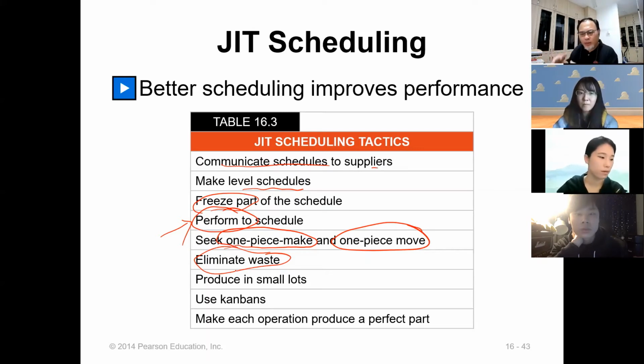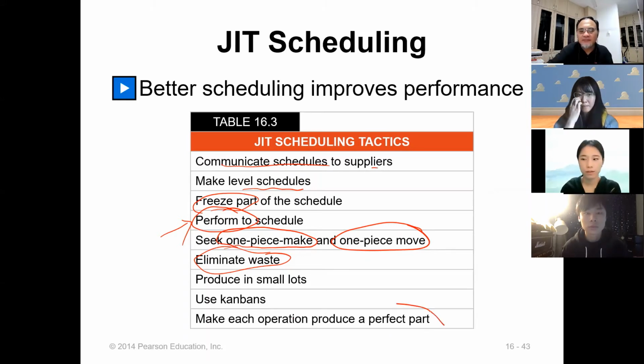So of course, to make one, the supplier also must send the good one. Then only we can make the good one. So that is the thinking. So produce in small lots, use Kanbans, and make operation produce a perfect part. Okay. It's okay if you don't start with the perfect.